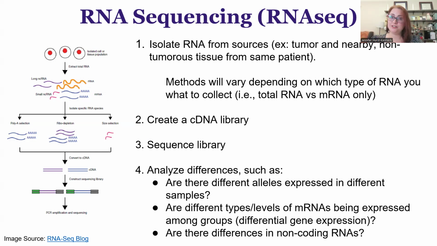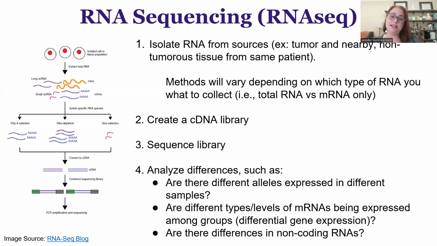After you've identified your biological samples, you'll then collect the RNA. There are different ways that you can do this depending on your experimental goals. For example, if you're interested in gene expression, you might just be collecting the mRNAs. Whereas if you're more interested in looking at non-coding RNAs, you might collect total RNAs from all of your cells or tissues.